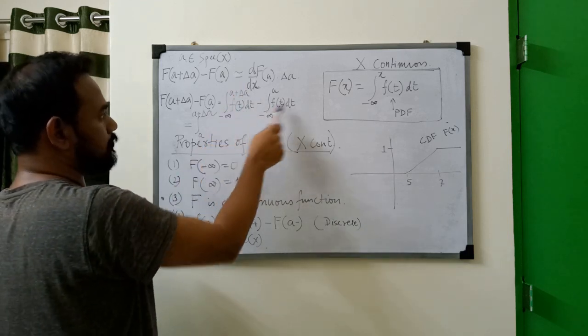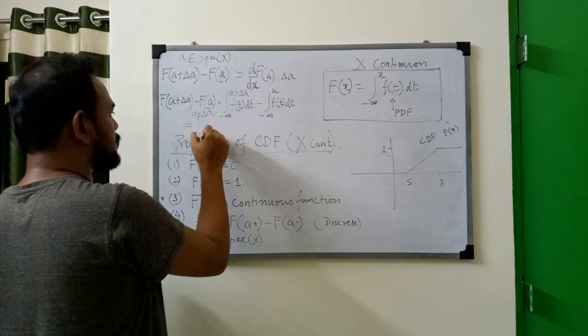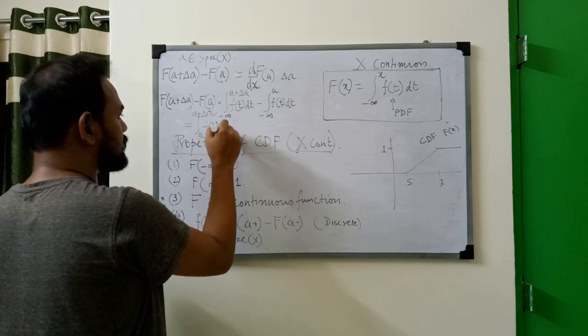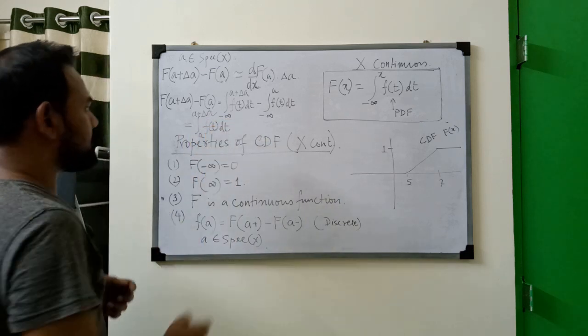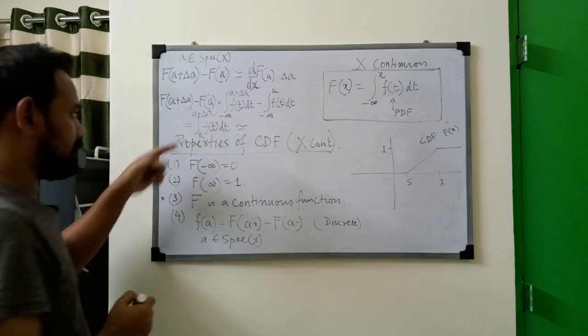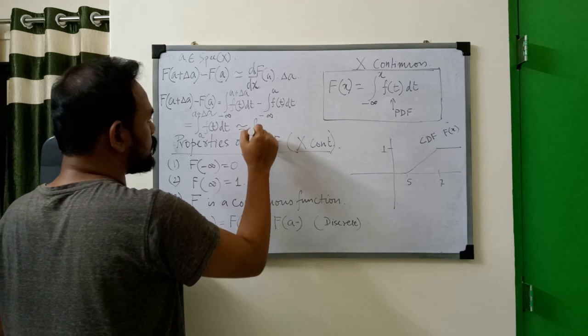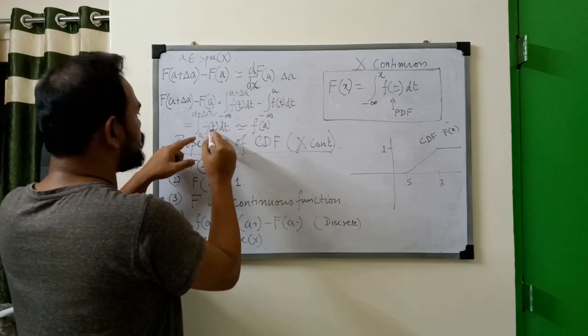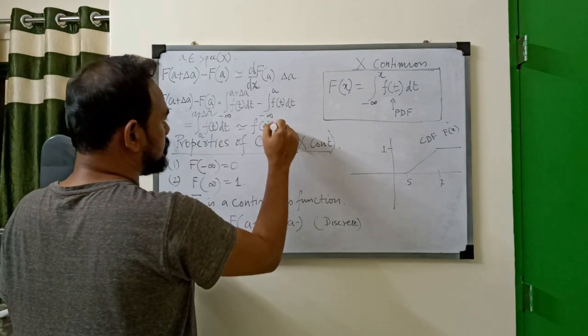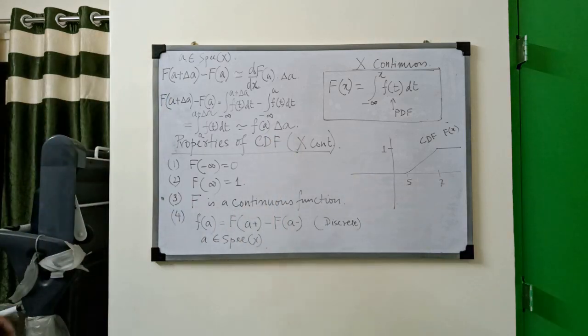So that gets subtracted, and you're left with f(t) dt. And of course, this is the Riemann integration over a very small interval. So it's almost equal to small f, the value of f at the point a, multiplied by this interval delta a.